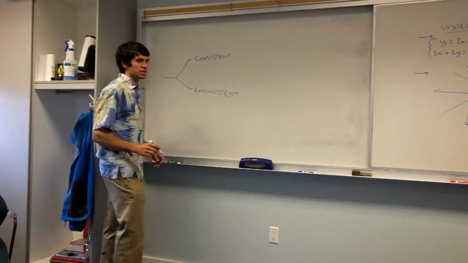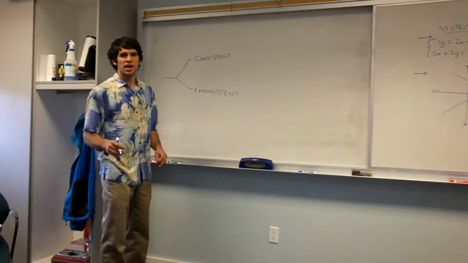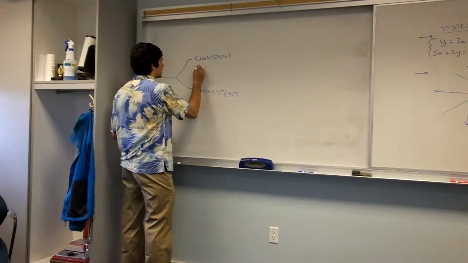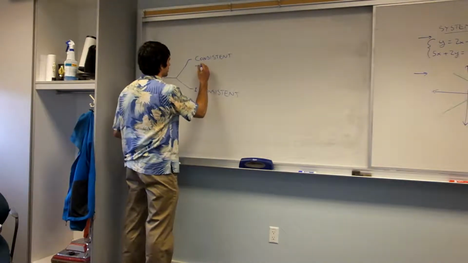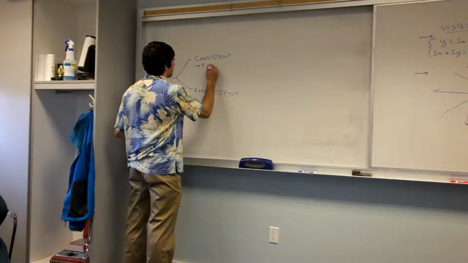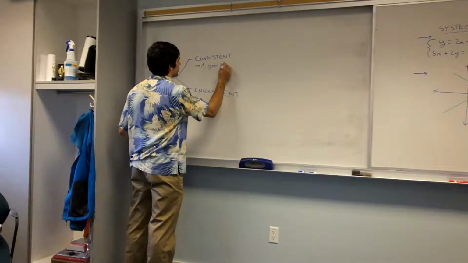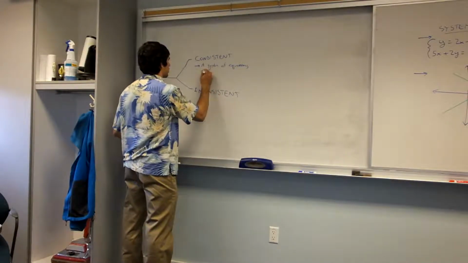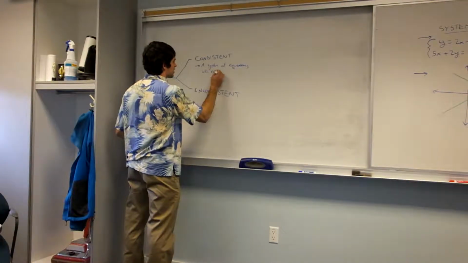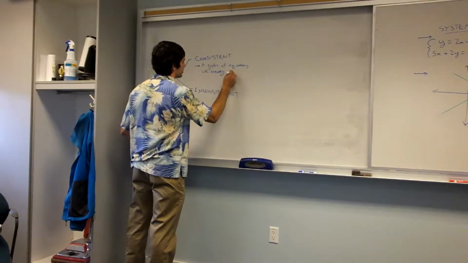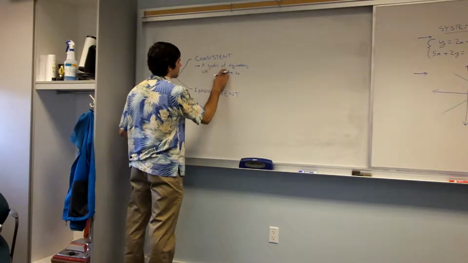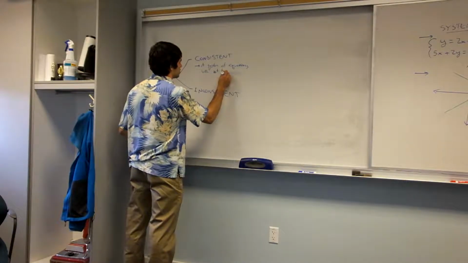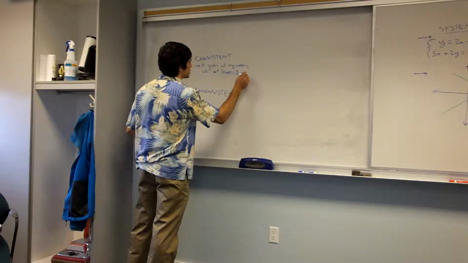A consistent system of equations has at least one solution. That is our definition of a consistent system of equations: a system of equations with exactly one, or at least one, solution.